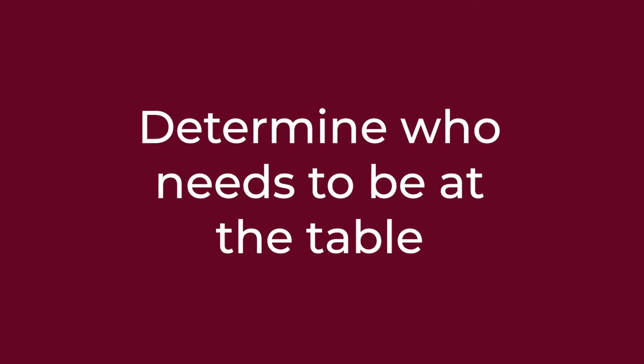Next, you want to determine who needs to be at the table. The budgeting process is not something to be siloed. It is something that is meant to be collaborative. When I was a part of the budgeting process, when I was an in-house controller, we made sure to not only have the executive director at the table, but also the department heads and the operations manager, because it was important that they were able to provide input.